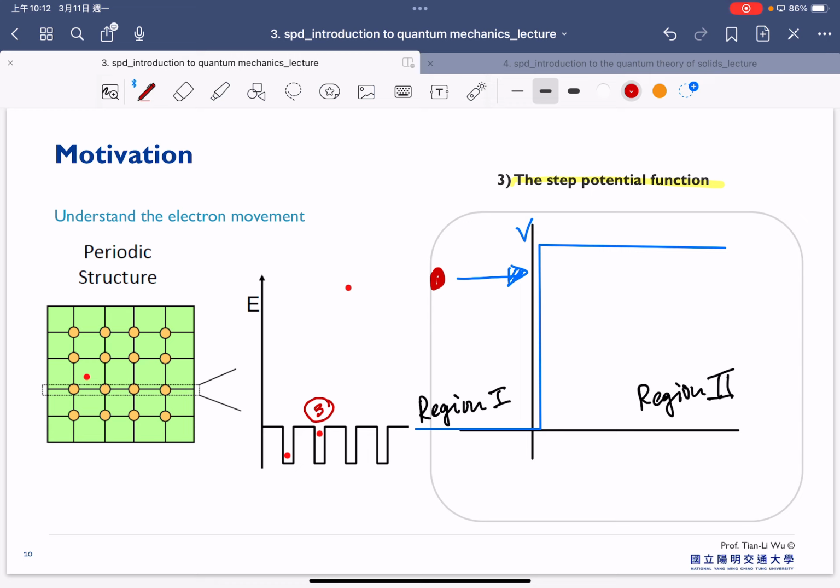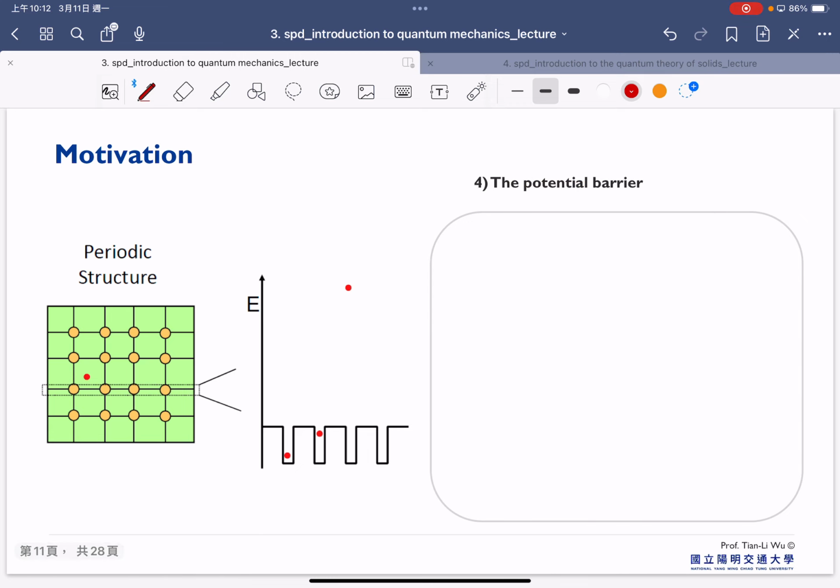And of course, there's still one more. That's even more complicated. That's a case that combines the previous cases, but is closer to reality.